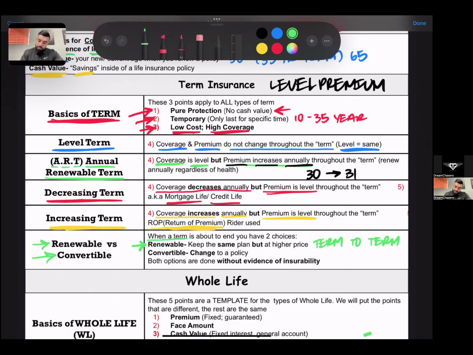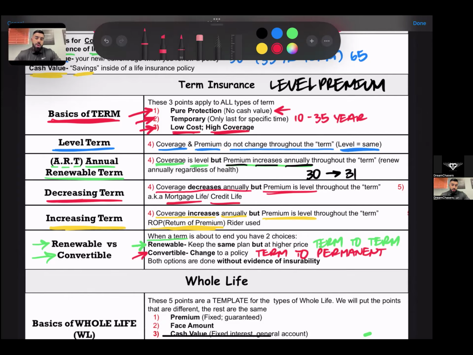Okay. And then the second one is the convertible provision. The convertible provision is where you convert the policy from term to permanent insurance. And by permanent, they're referring to whole life and universal life insurance, right? Coverage that you will have until you're 100 years old.